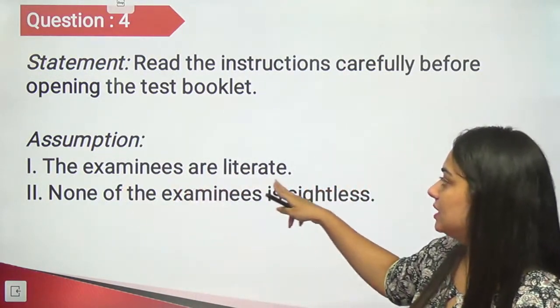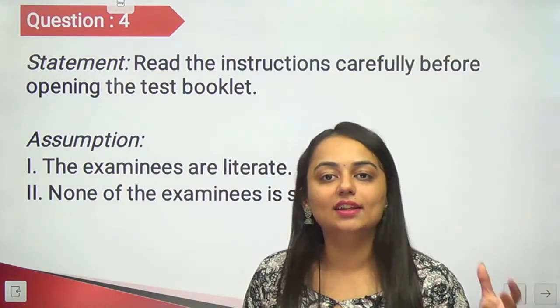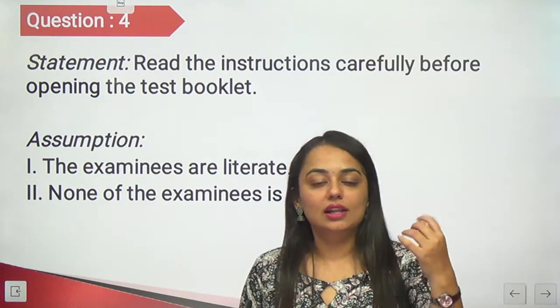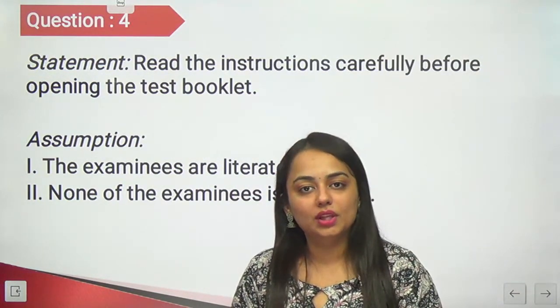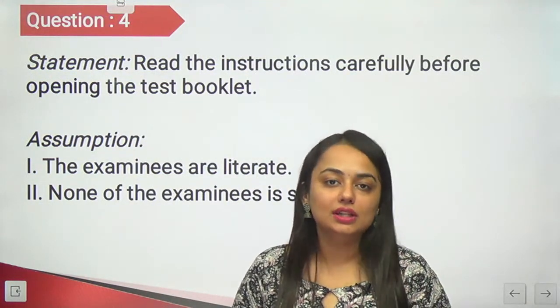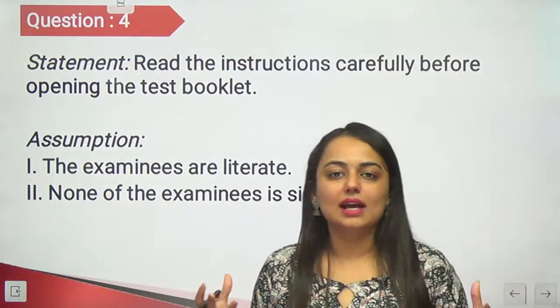The examinees are literate, as in they can read. Obviously, this is the reason they are sitting in the exam. So they can read it, the language is comprehensible to them. They can read it, understand it, only then are they going to read the instructions, right? None of the examinees is sightless.